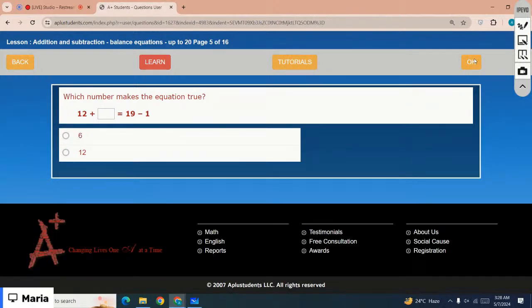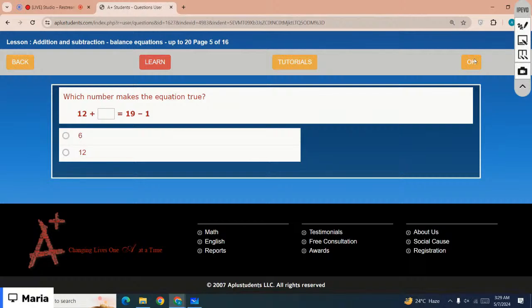Which number makes the equation true? Which is the correct option? 19 minus 1 is 18.